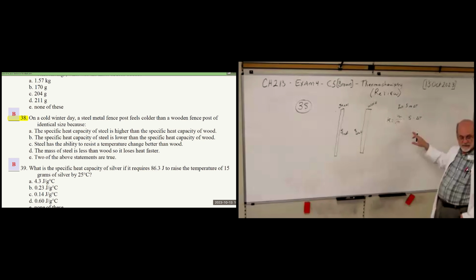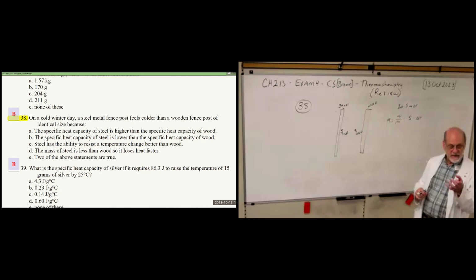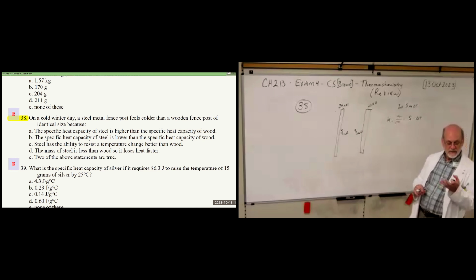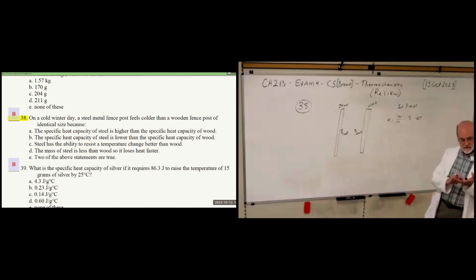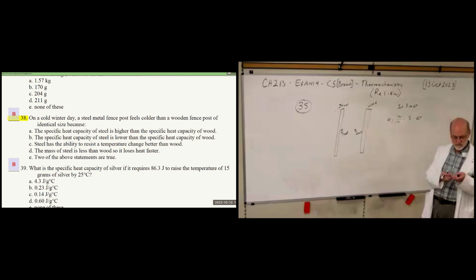All right. So let's go back to the physiology. If it feels colder, the temperature change against your hand is due to a more decrease in temperature. That's how your skin senses temperature. It's a change.